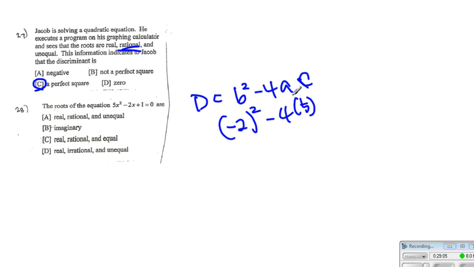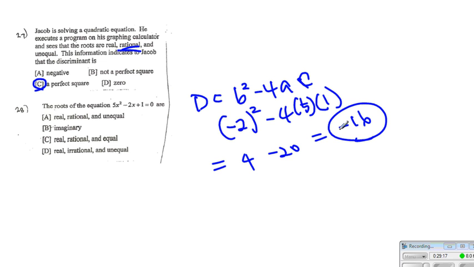And the c value is equal to 1. So here we have 4 minus 20, which is equal to negative 16. Now the fact that we have negative 16, what does that mean about the roots? Roots are imaginary, which is choice number B.